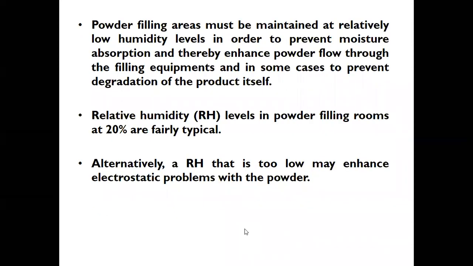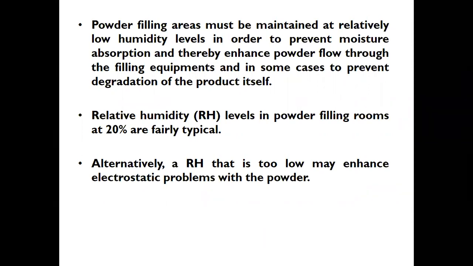Powder filling areas must be maintained at a relatively low humidity level to prevent moisture absorption, which may affect the flow properties through the filling equipment or sometimes cause degradation due to the moisture. The ideal range of the relative humidity is near about 20% in the powder filling rooms.